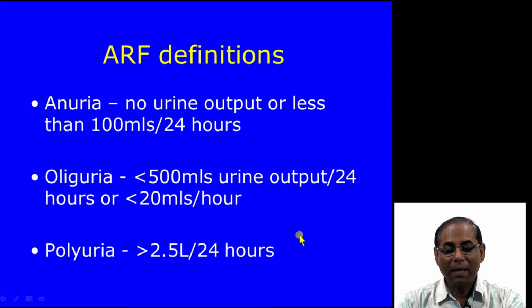And then sometimes in the recovery stage of acute tubular injury, the person can have much more urine formation because tubular absorption is defective. So, in that case the patient may present with polyuria, with more than 2.5 liters per 24 hours.